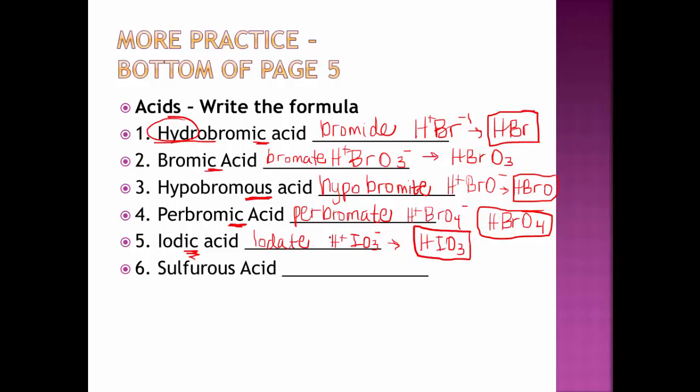All right, and last one for this slide, sulfurous acid. Ous came from the ite because the spider bite was poisonous, so we need to think sulfite. We actually saw this one earlier. Sulfite is SO3 minus 2. Pair it with hydrogen, do the crisscross rule, and you get H2SO3.